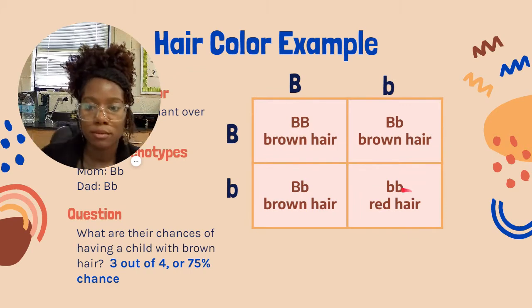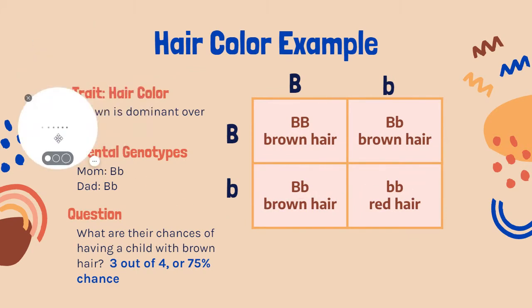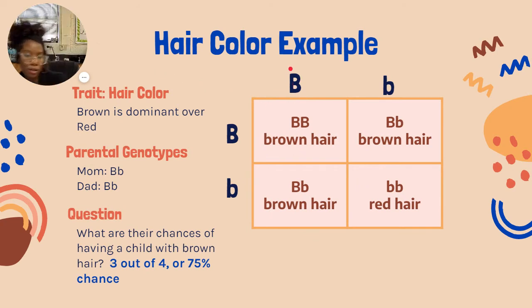Okay? So the probability is always 1 in 4 chance of having red hair. No matter how many kids, they could have had 12 kids that all had brown hair. Doesn't matter. On their 13th kid, that 13th kid still has a 1 in 4 chance of having red hair. Each fertilization event is separate.